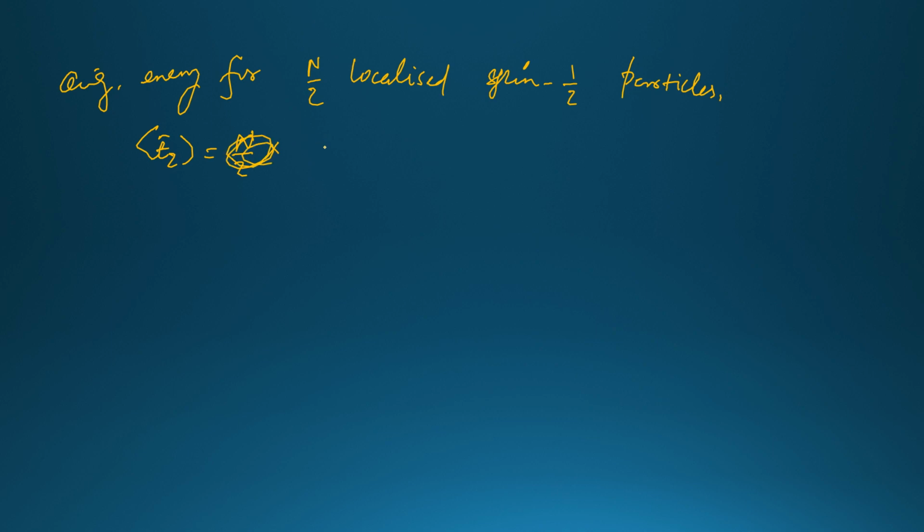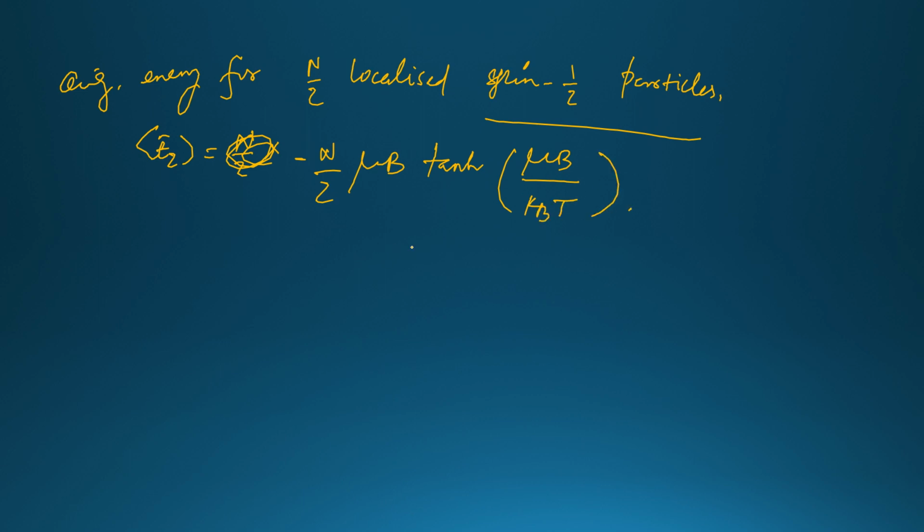These are undergoing under a magnetic field and magnetic moment mu. So minus n by 2 mu B tanh(mu B by kBT). Mu is the magnetic moment, B is the magnetic field. Okay, tanh(mu B by kBT).